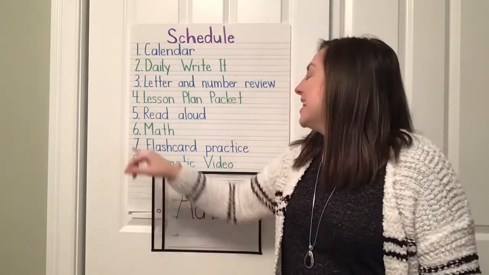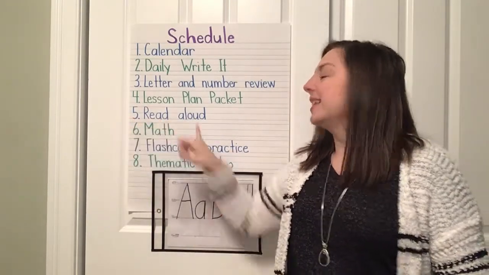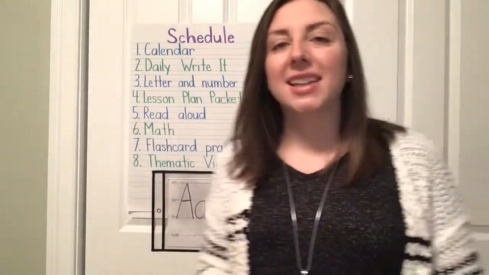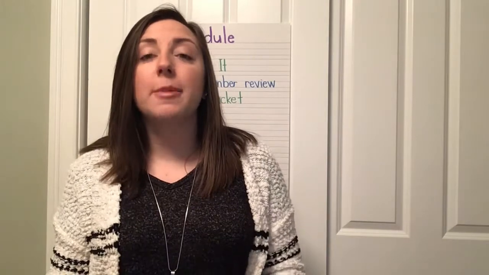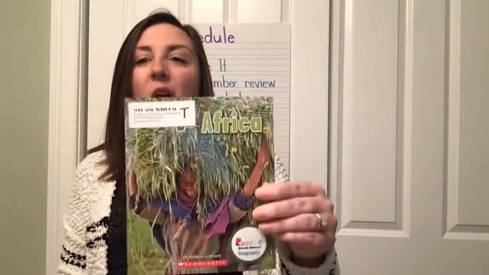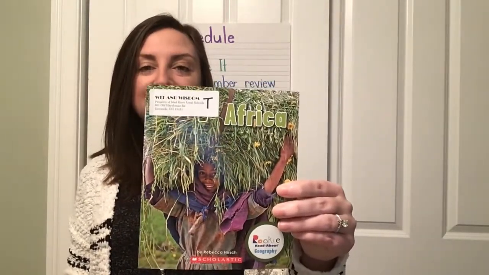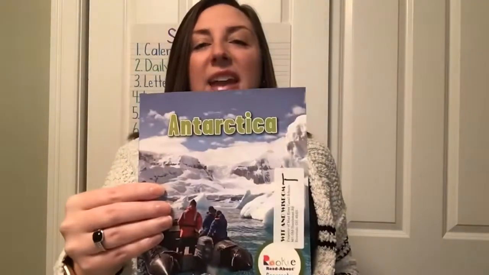Let's keep moving. So now we're on number 5, our read aloud, and we're going to do something a little bit different today. So over the last 2 days that we've done our videos, we've learned about 2 new continents. We have learned about Africa, and we have learned about Antarctica.